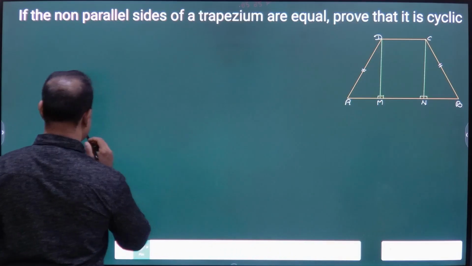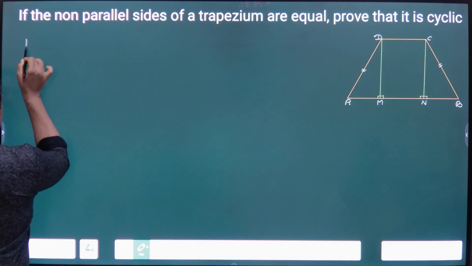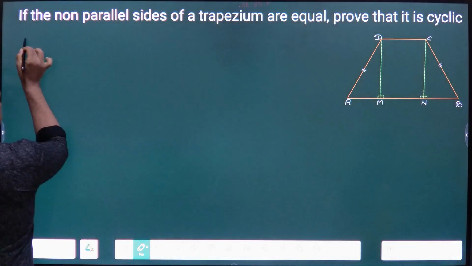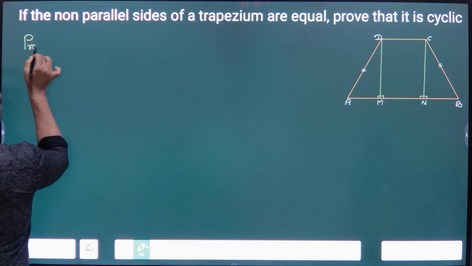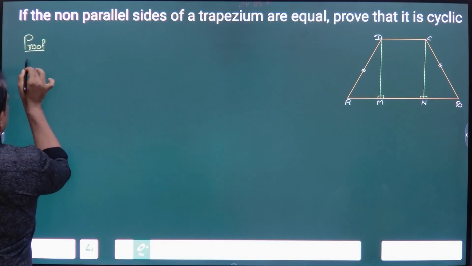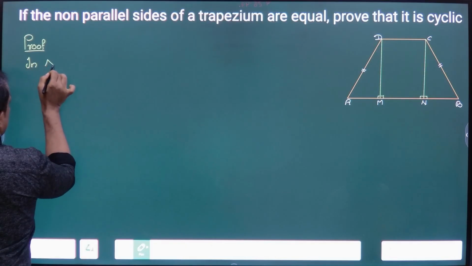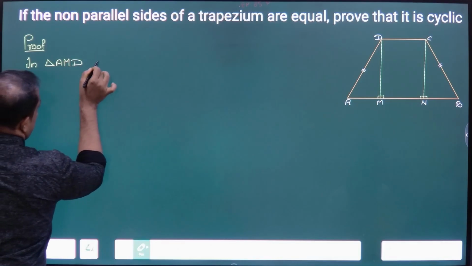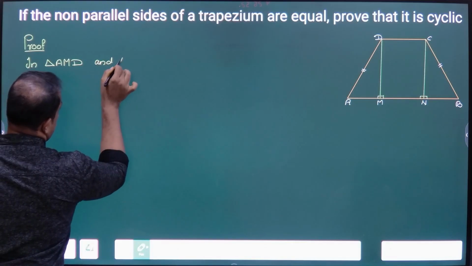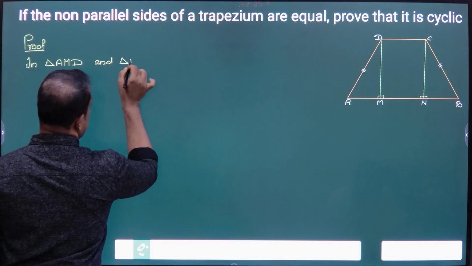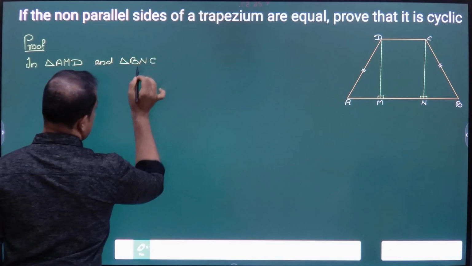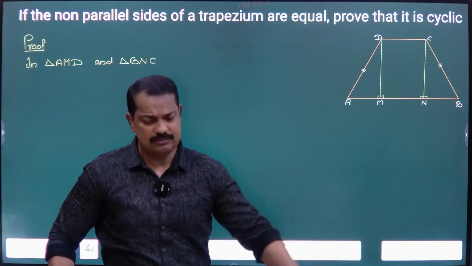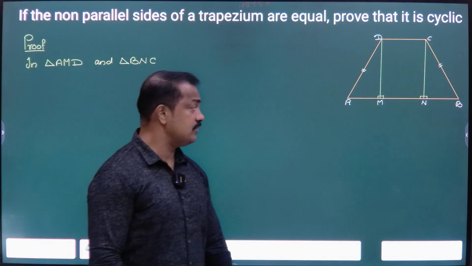In triangle AMD and triangle BNC, name the three parts which are equal with the reason.